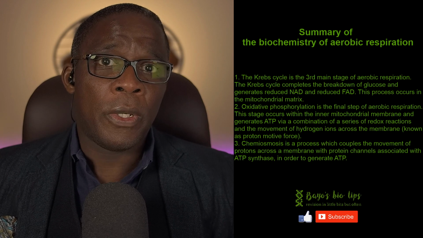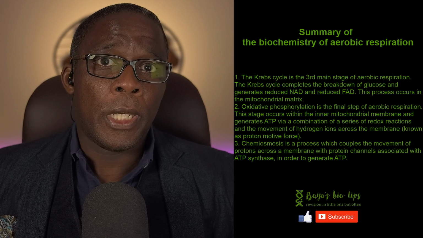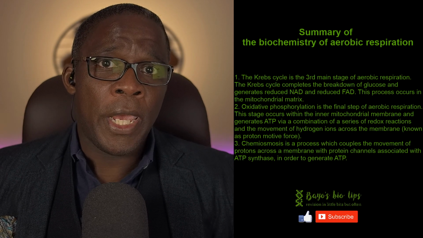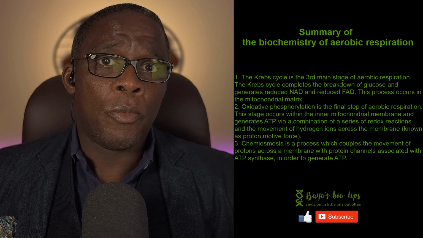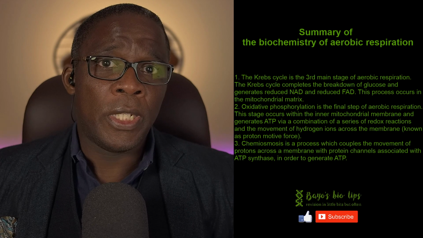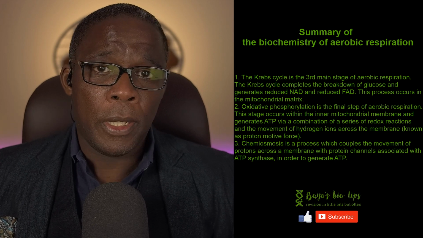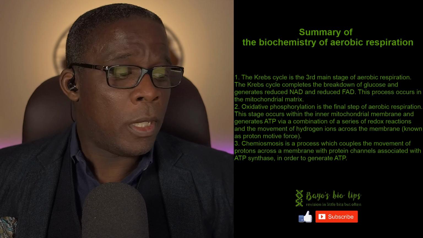And because they're flowing through the membrane, that releases energy, which, with the aid of ATP synthase, brings about the phosphorylation of ADP to ATP. And that's how we generate ATP in this process.